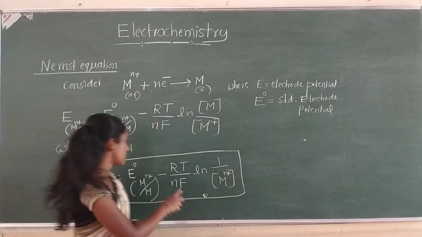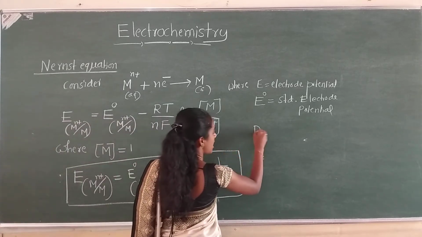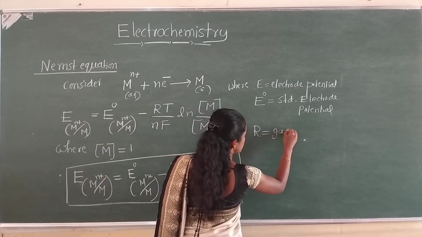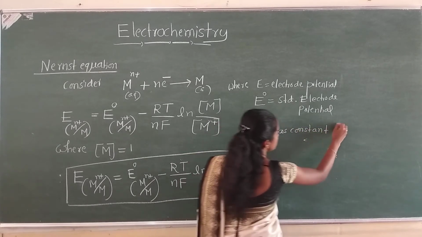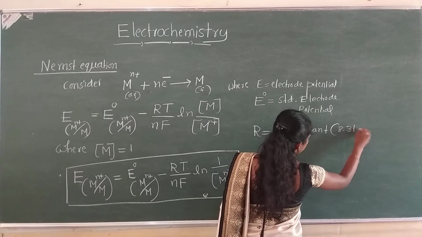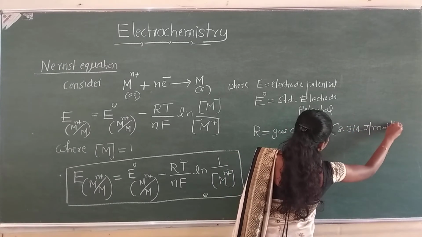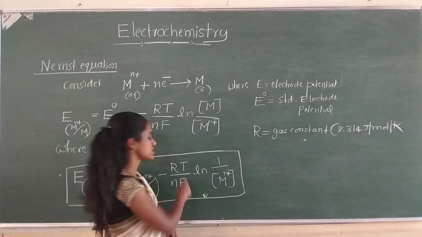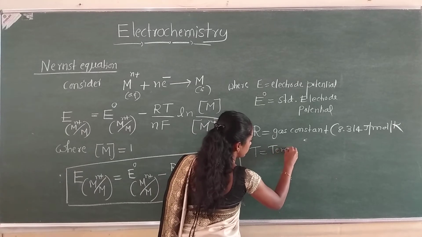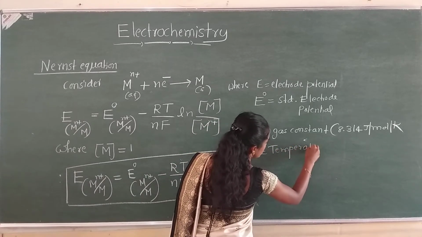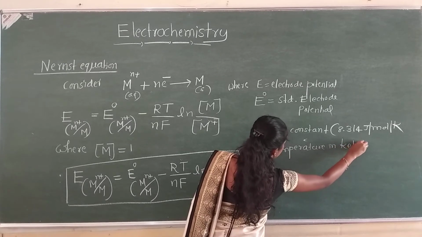Next, what is capital R? It is the gas constant, and its value is 8.314 joule per mole per Kelvin. What is T? It is the temperature in Kelvin scale.